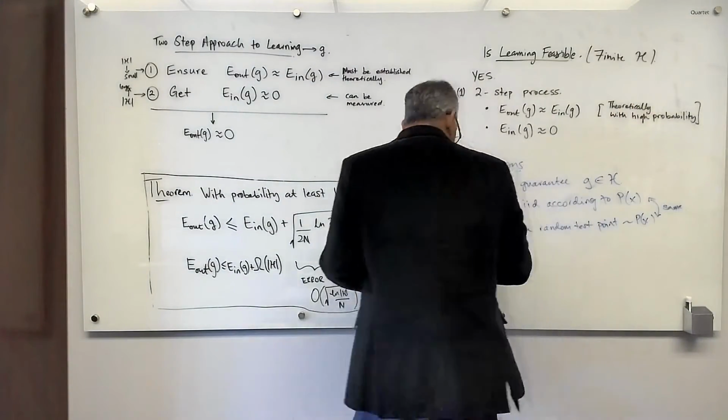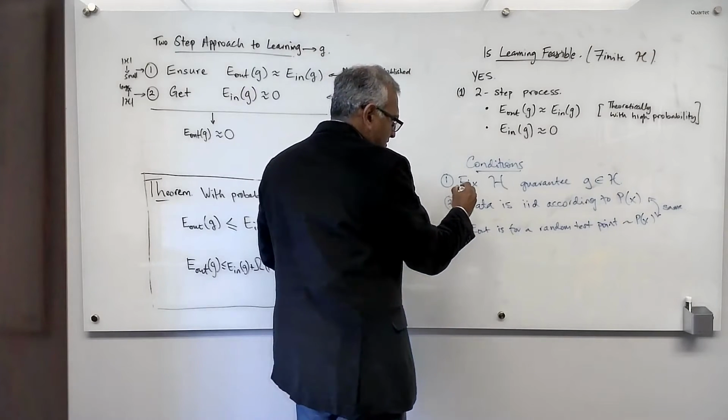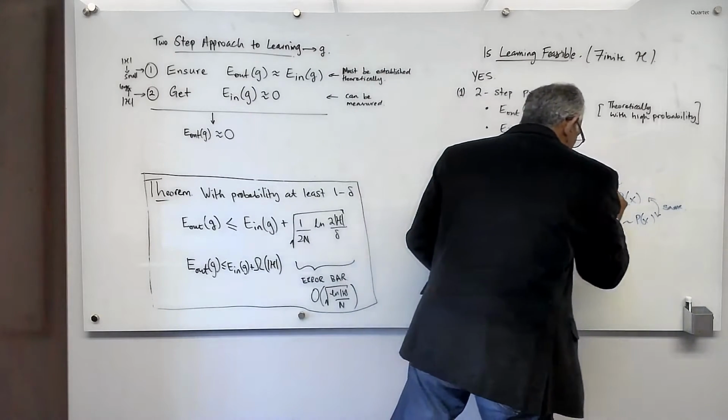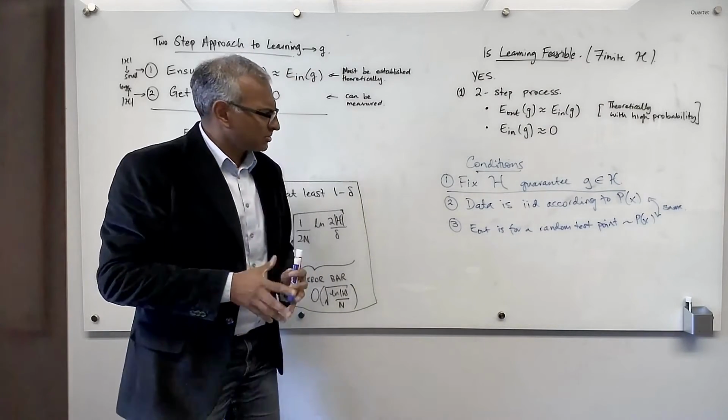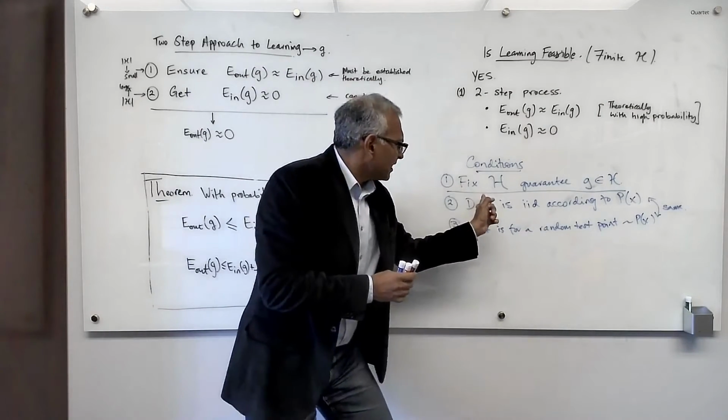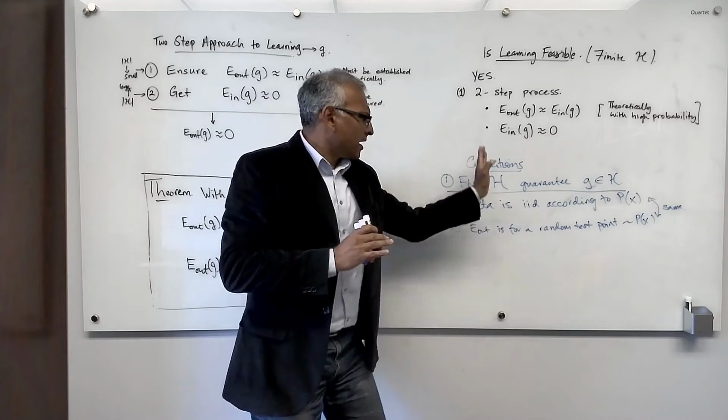Okay, so this fact that we had to fix h ahead of time leads to another interesting thing that can happen. So let's see what happens. You fix h, and you do everything as required.